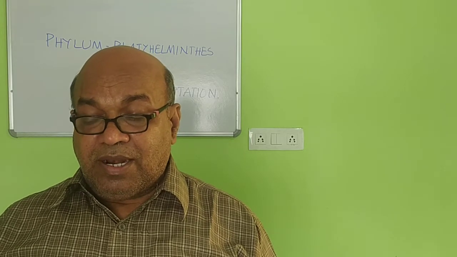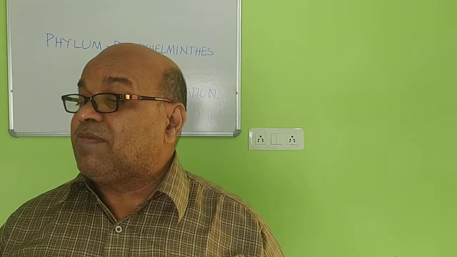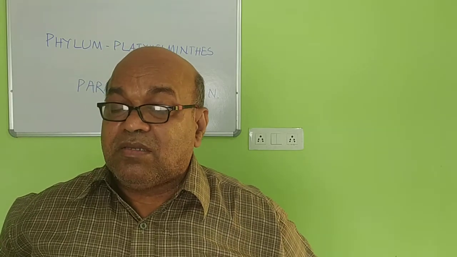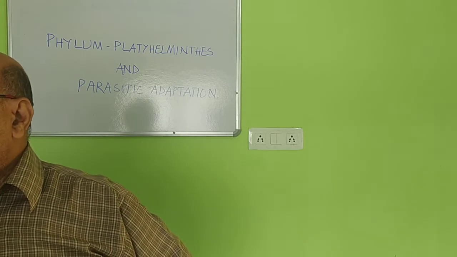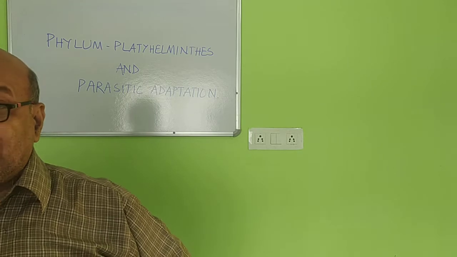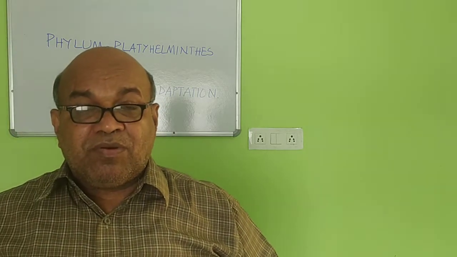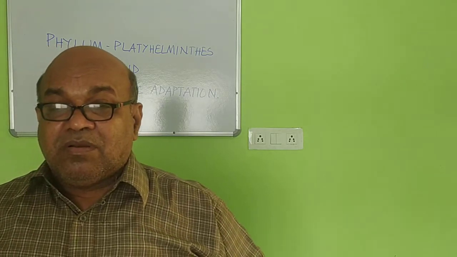Let us know about the general characteristic features of Platyhelminthes. Platy means flat, and helminths means worms, so they are called flatworms. I also introduced these characters initially, and I am repeating them to revive your knowledge.